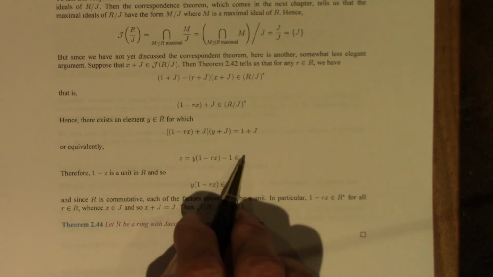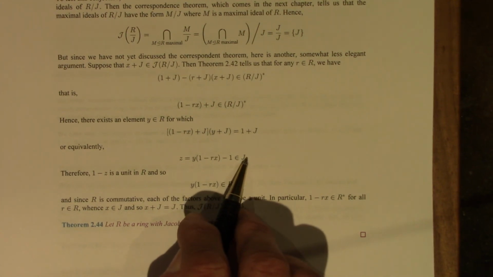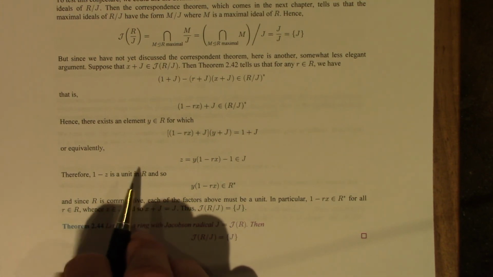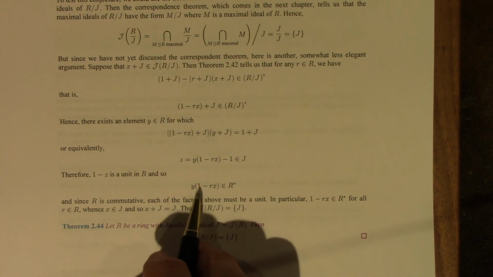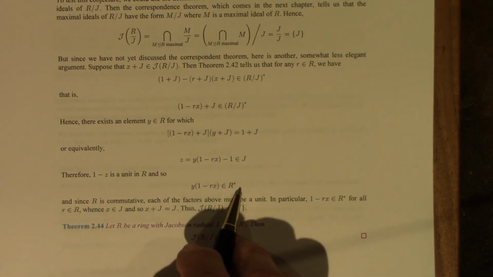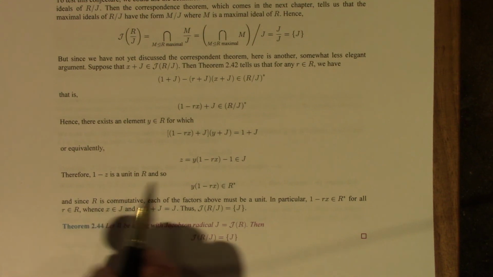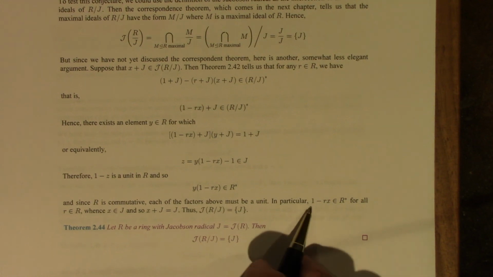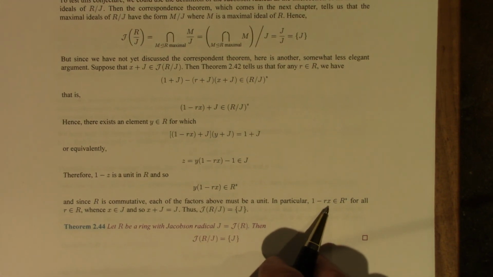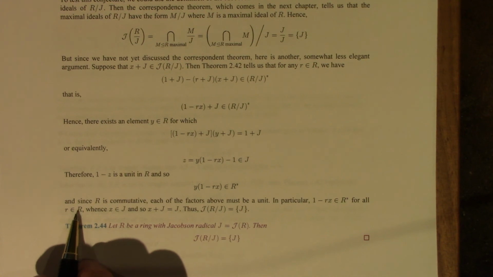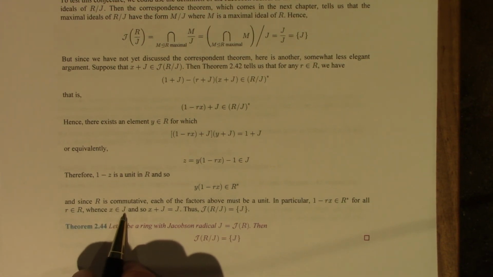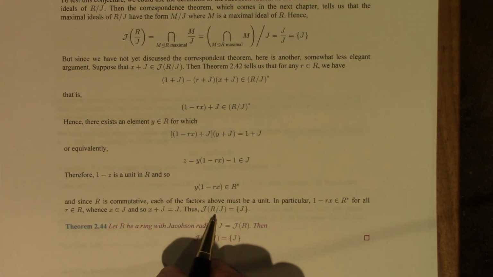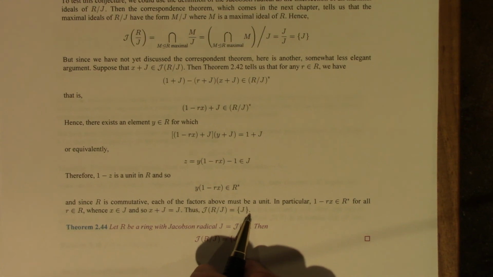So z belongs to J, it is therefore a non-unit, and so 1 minus z is a unit, and so y times 1 minus rx is a unit, and since R is commutative, each of the factors must be a unit. In particular, 1 minus rx is a unit for all r, and so x is in J, and so x plus J is equal to J, and we've shown that the Jacobson radical of R mod J is trivial.